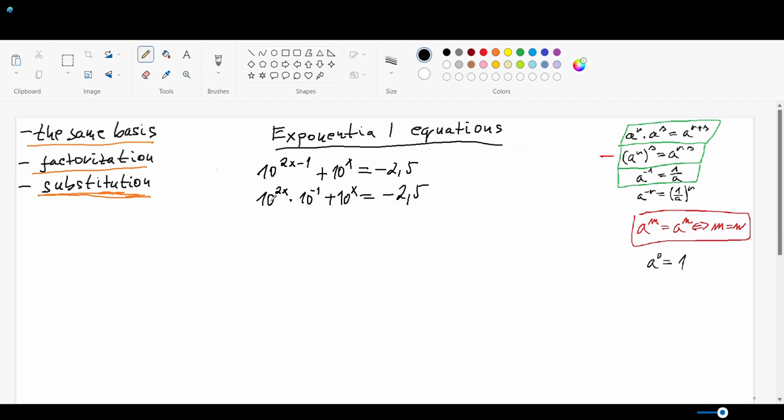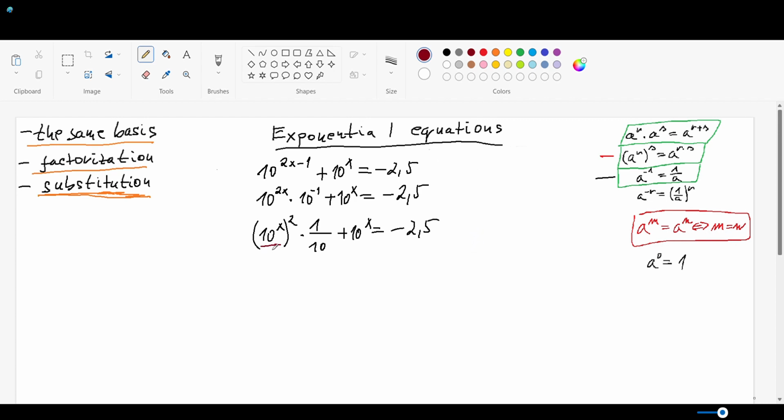So now if you have a look at this one, this is something we already saw in the previous example, and 10 to the power of 2x can again be written like 10 to the power of x squared times, and now I'm going to use the fact that 10 to the power of -1 is 1 over 10, plus 10 to the power of x is equal to -2.5.